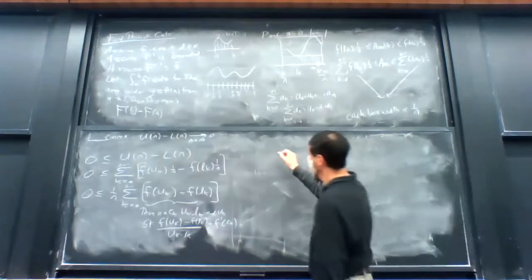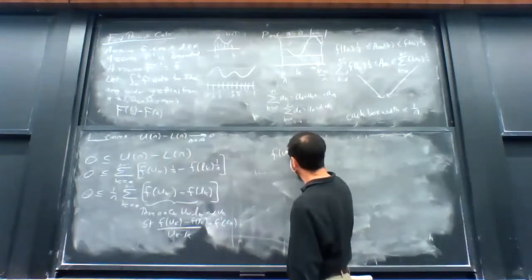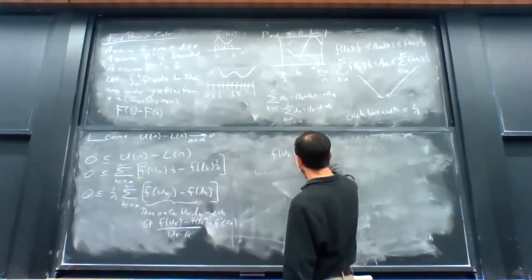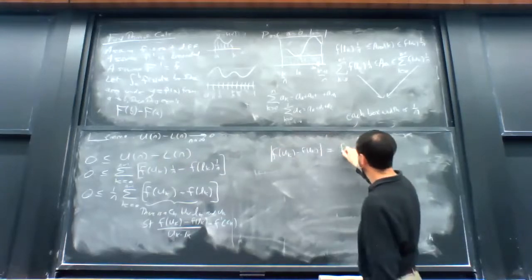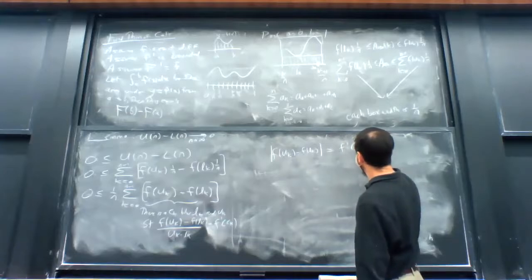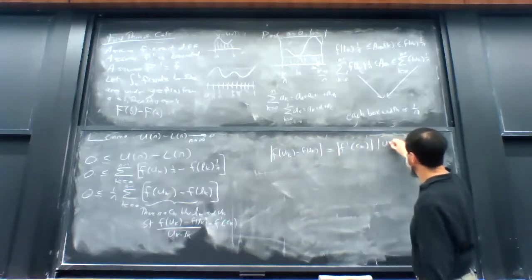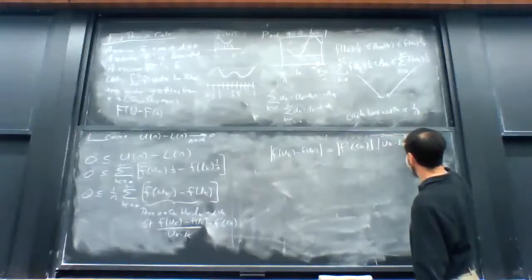We write that as the absolute value of f of uk minus f of lk is equal to the absolute value of f prime of ck times uk minus lk.